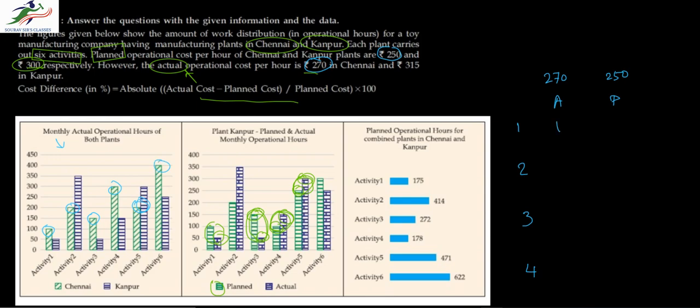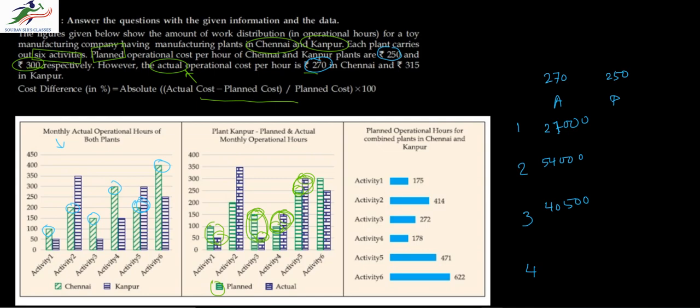So 100 into 270 is 27,000, and then 200 into 270 is 54,000, and then 150 into 270 would be 40,500. Sorry, not 405,000, 40,500.